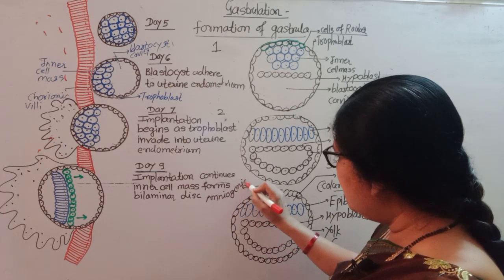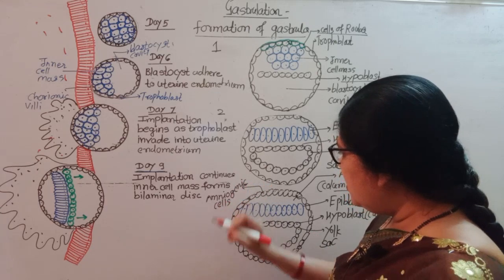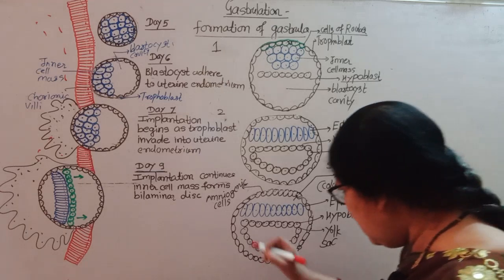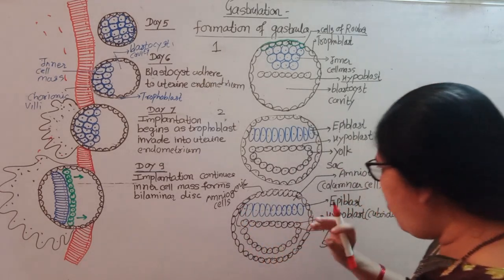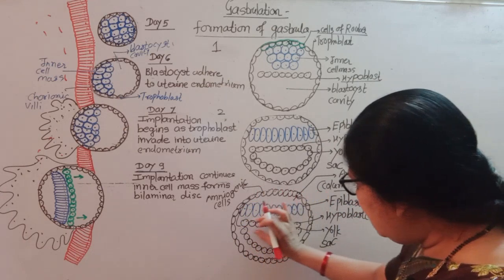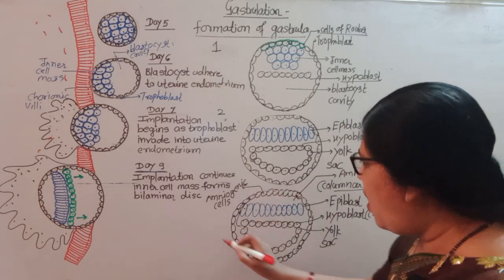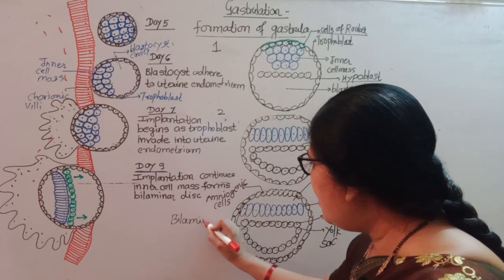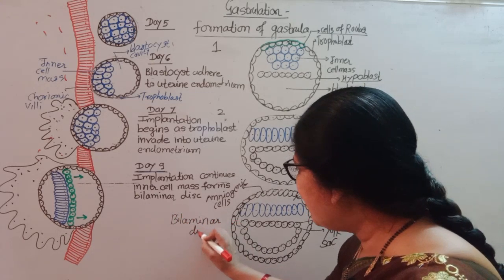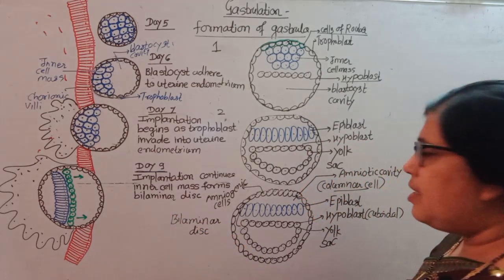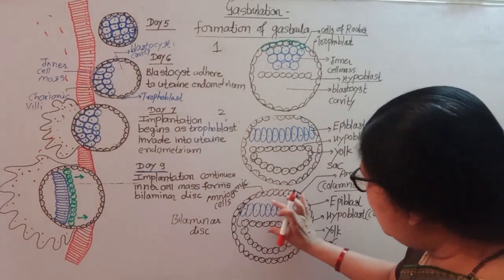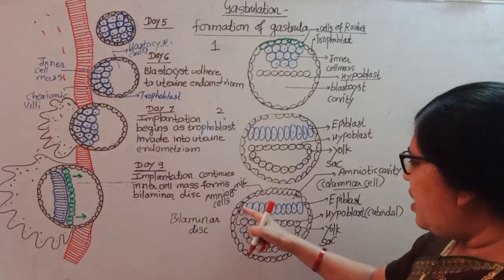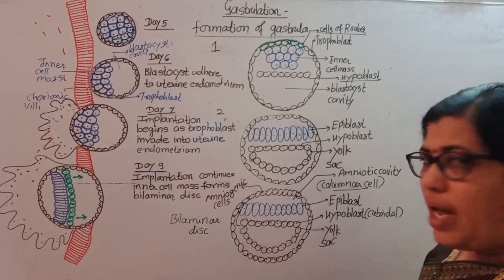The structure formed by the epiblast and hypoblast is called the bilaminar disc.